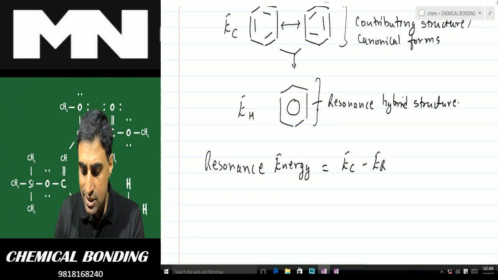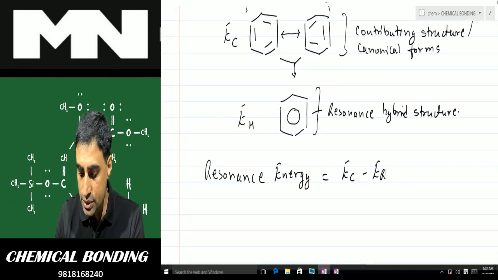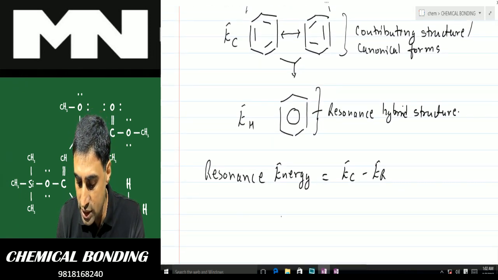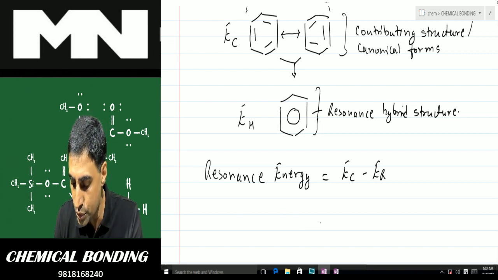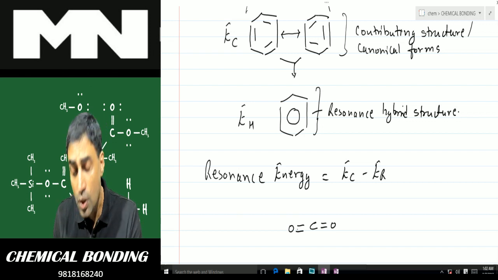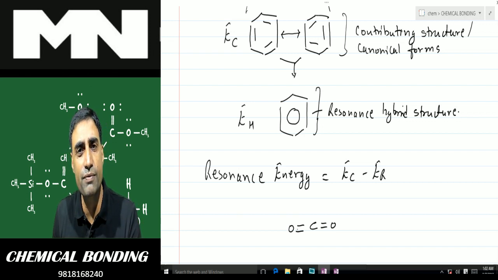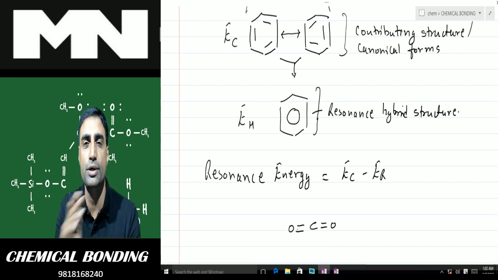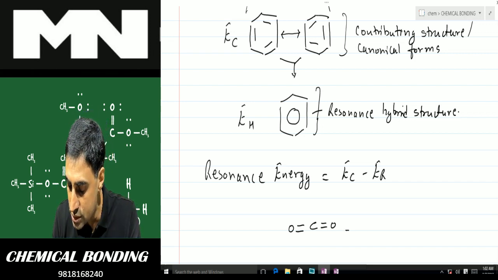Well, we'll see the resonating structures of some of the compounds, like the resonance structure of CO2. We can draw CO2 like this. All resonating structures basically differ from each other with respect to the position of pi electrons. The pi electrons keep on moving and you have different resonating structures.